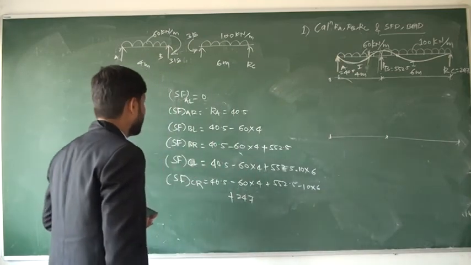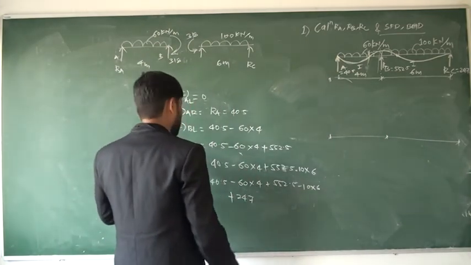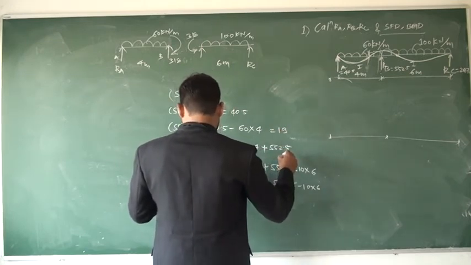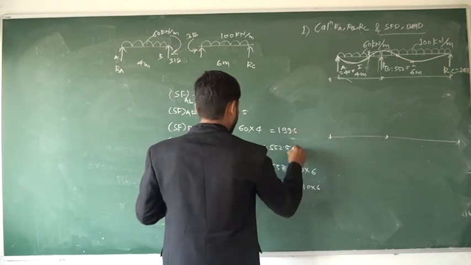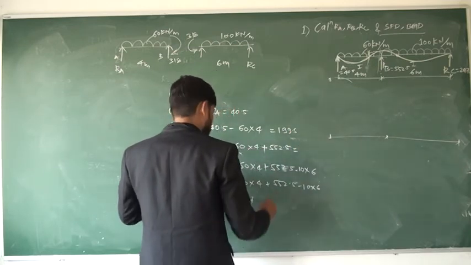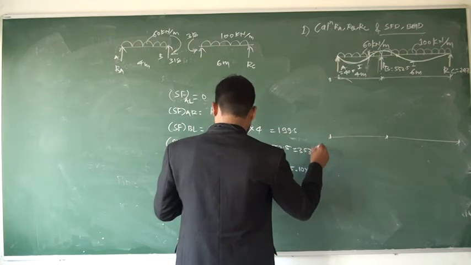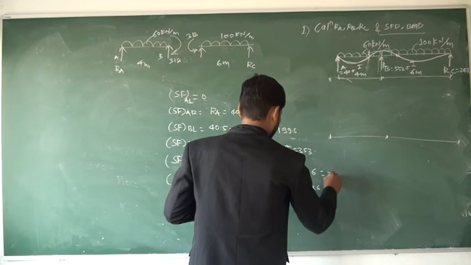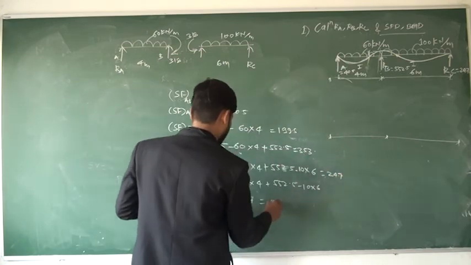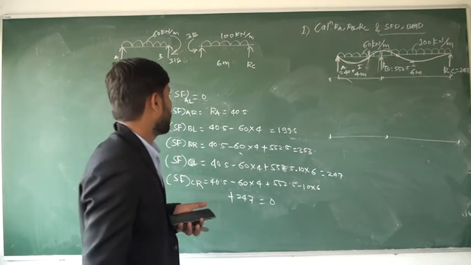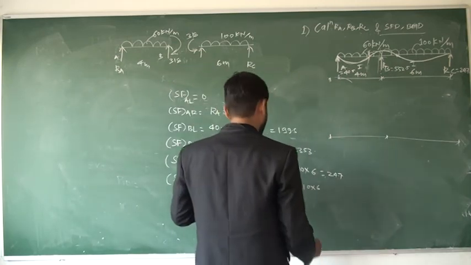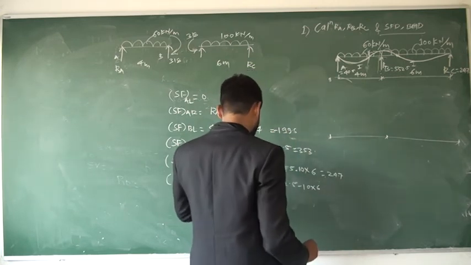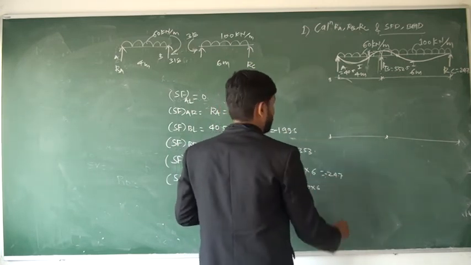If you calculate, the shear force here is 199.5 and here is 353, then here it is 247 and here it is 0. This minus and this 247 are also minus.